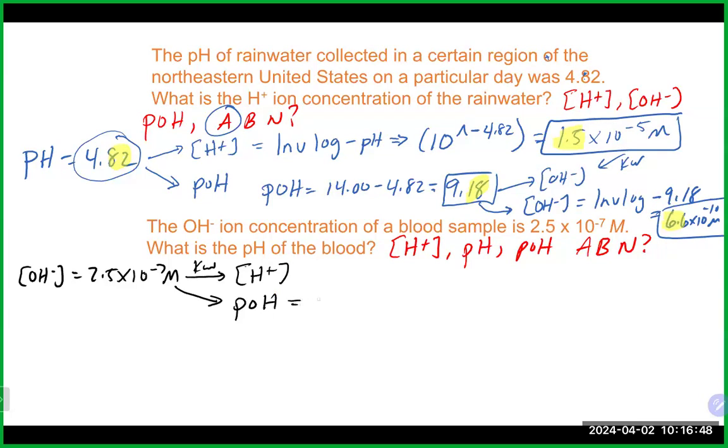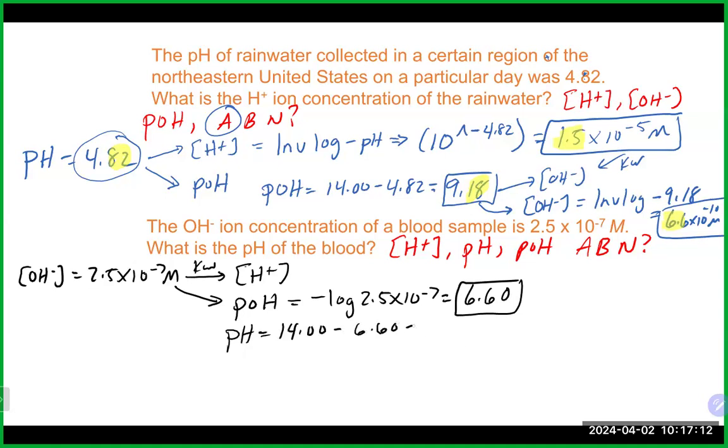So the pOH here is going to be negative log of our OH minus concentration, 2.5 times 10 to the minus 7. And again, if we put that in correctly here, 2.5 to the minus 7, looking like a 6.60. We could then from that get the pH, which should equal 14 minus our pOH of 6.60.